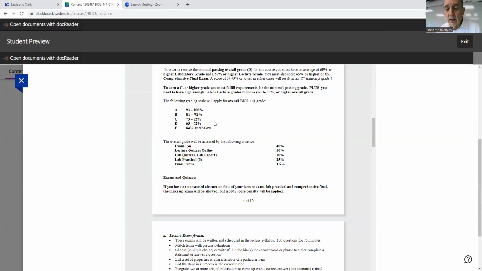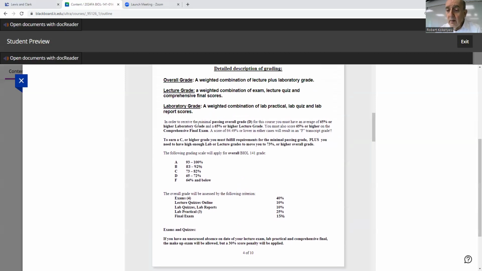What transcript letter would you like to see on your transcript by mid-December or end of December? Is it going to be an A, B, or a C? Whichever performance level you pick will help you to identify any changes that you might have to make during the semester.